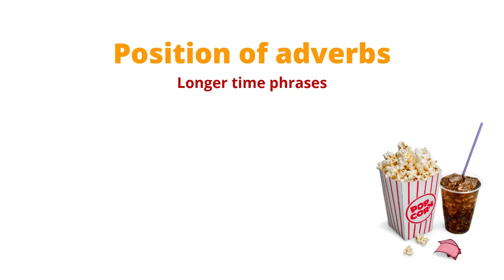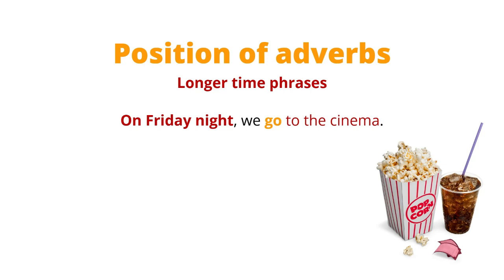Now, when we are using longer time phrases, they usually go at the beginning or the end. For example, on Friday night. On Friday night, we go to the cinema. I could say we go to the cinema on Friday night. But these longer time phrases, you'll see these are not phrases of frequency. They are referring to specific times rather than sometimes, occasionally, usually, etc. These are specific times mentioned, and they usually go at the beginning or at the end of the sentence.